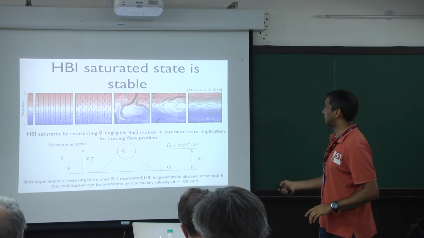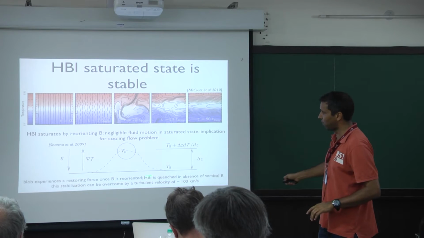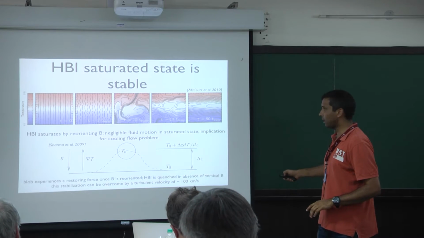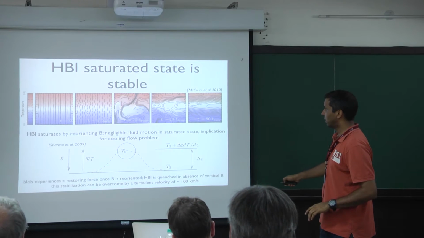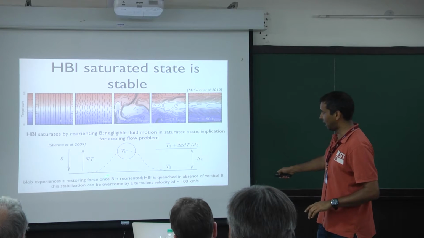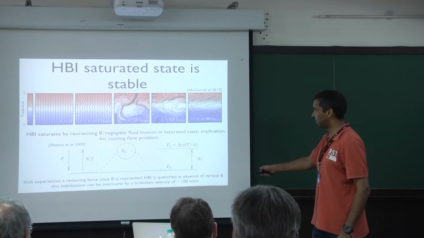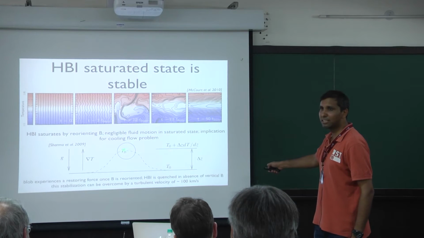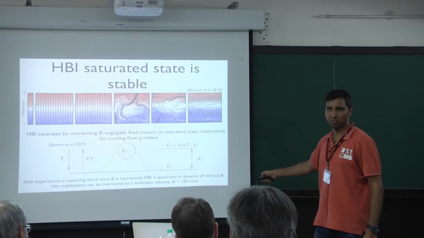And it's easy to see because this end state is almost as if you have a horizontal field line, and your temperature is increasing with height. So if you perturb the saturated state like this and assume that the pressure remains the same at the same height, you'll see that there's a restoring force which tries to bring this back to its original position.